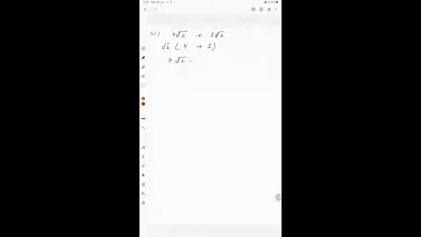I give you another example. Suppose I have to simplify 2 under root 2 bracket 3 plus 4 under root 6. Now this 2 under root 2 get multiplied by this 3 and also multiplied by 4 under root 6.